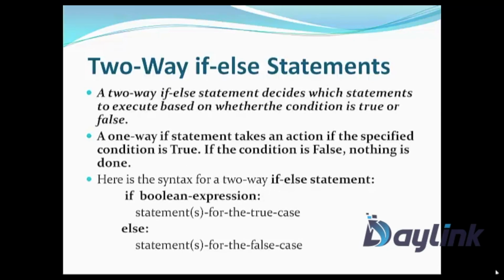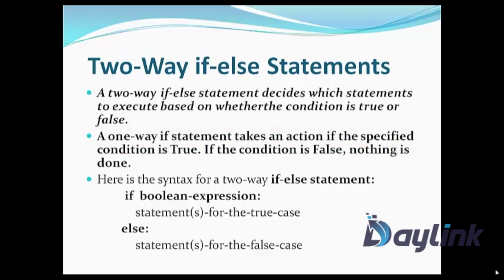Now we see the two-way if-else statement. A two-way if-else statement decides which statements to execute based on whether the condition is true or false. A one-way if statement takes an action if the specified condition is true. If the condition is false, nothing is done.